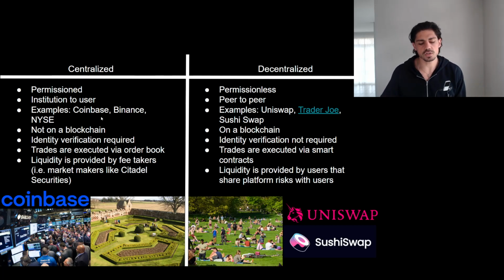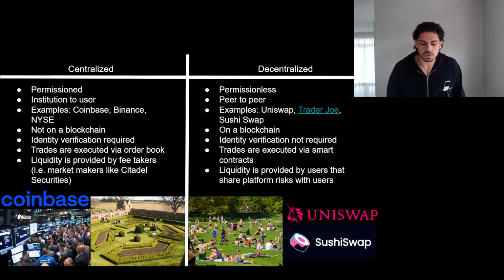Examples of a centralized exchange include Coinbase, Binance, and the New York Stock Exchange, right? Examples of a decentralized exchange include Uniswap, Trader Joe, Sushi Swap, right? And a bunch of other things, but these are just examples, obviously. Centralized exchanges are typically not on a blockchain, even though they can be in very unusual circumstances, and decentralized exchanges are typically on a blockchain.